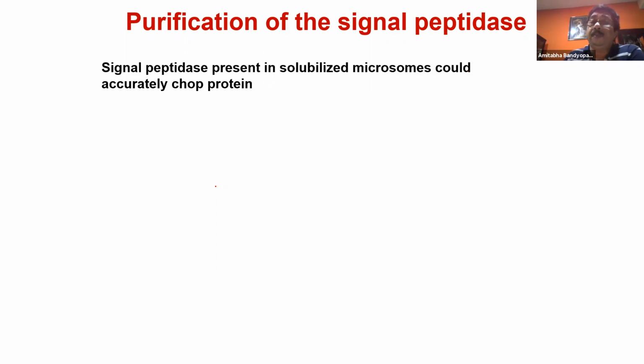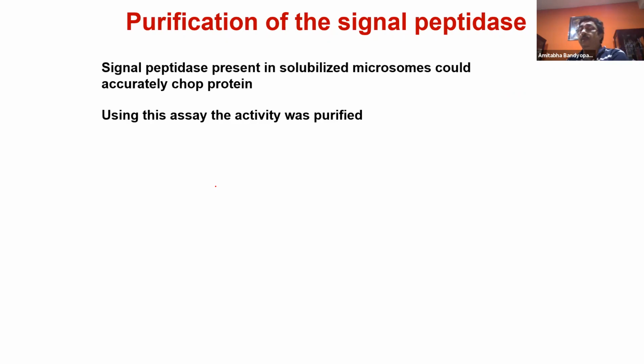So signal peptidase again will be present in the solubilized membrane, and that can accurately chop the protein. Okay, so you can have the in vitro synthesized system, and you add solubilized microsomal membrane and see if it is getting processed.